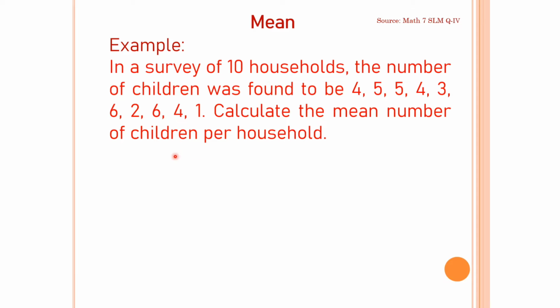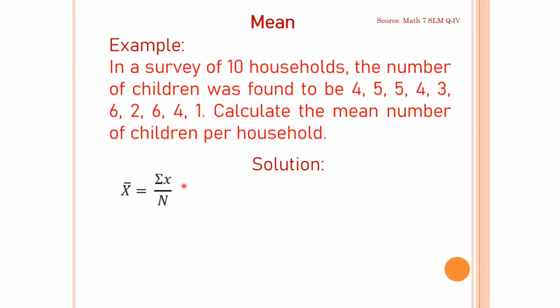Now let us take this example. In a survey of 10 households, the number of children was found to be 4, 5, 5, 4, 3, 6, 2, 6, 4, 1. Calculate the mean number of children per household. Solution.